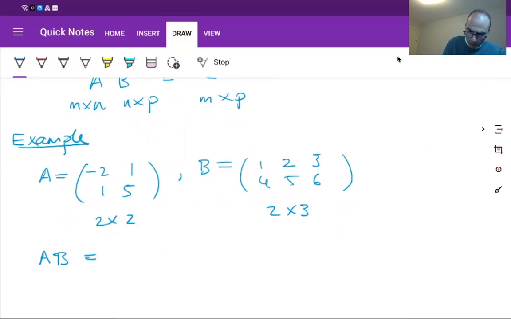So it's going to be minus 2 times 1 plus 4, so this is 2, and then it's going to be minus 4 plus 5, which is 1, and so on.